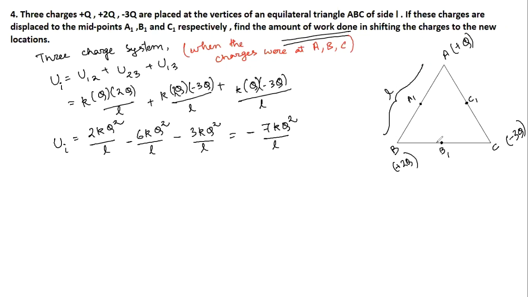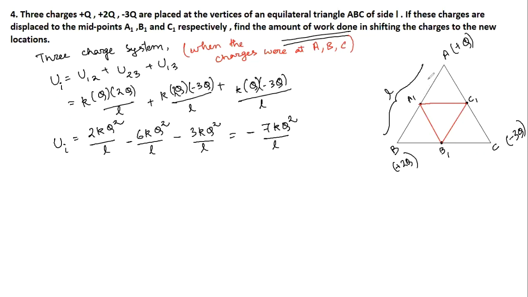Since A1, B1, C1 are the midpoints, as you can see here, all these 4 triangles, in addition to A1, B1, C1, are equilateral triangles.